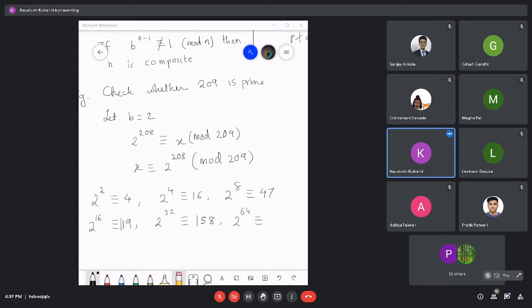Are you doing it on your calculators or what? Your calculators are supporting such large exponents?